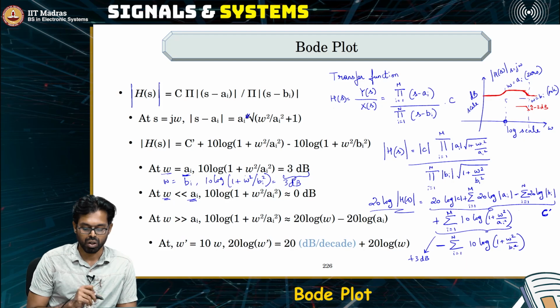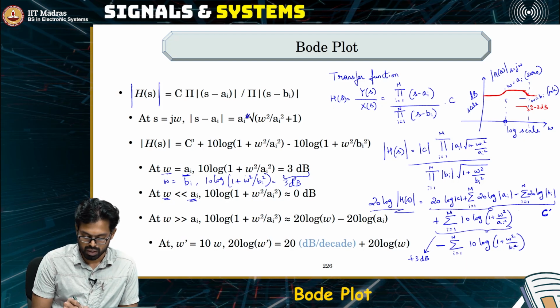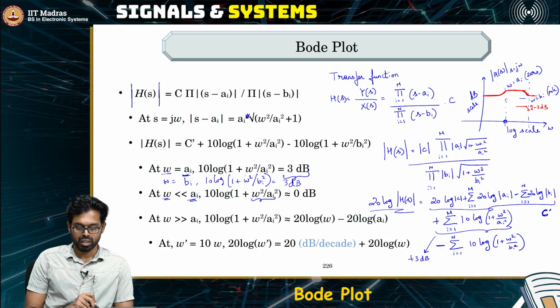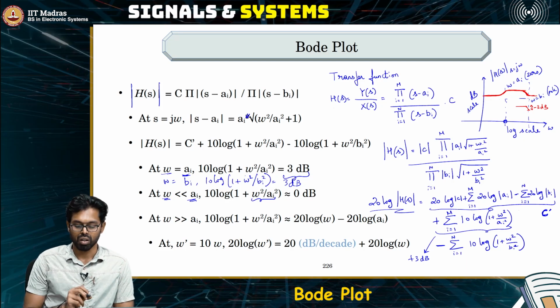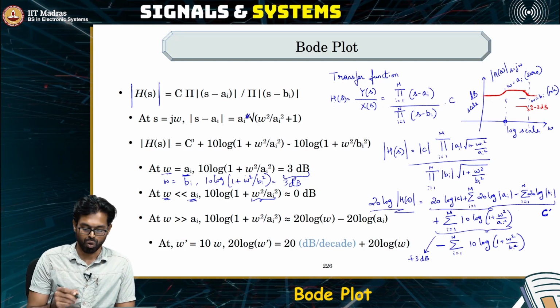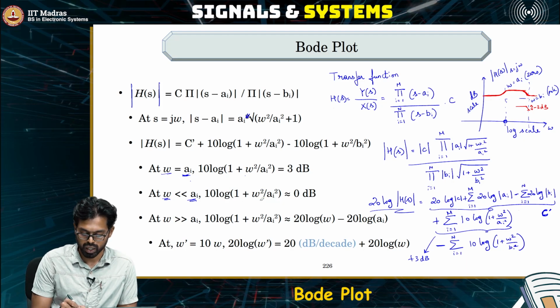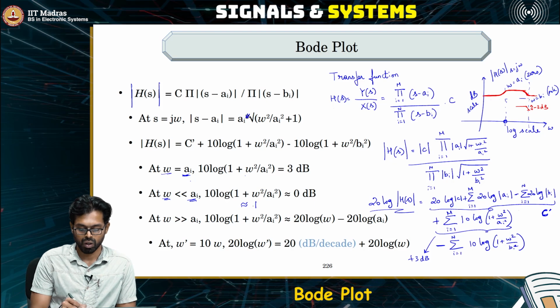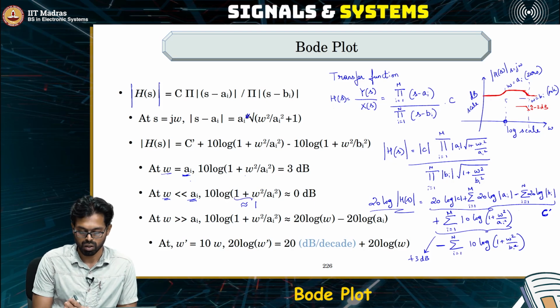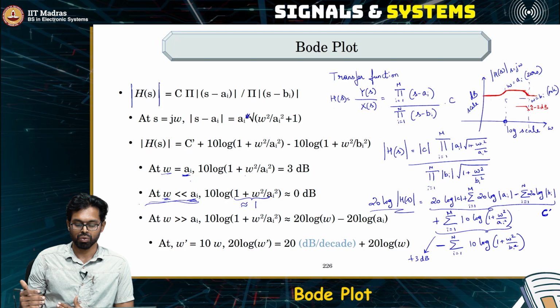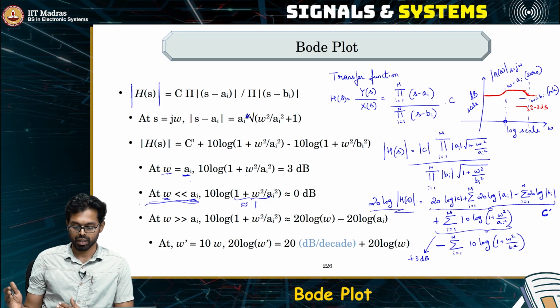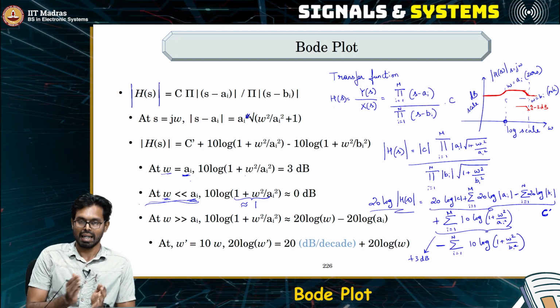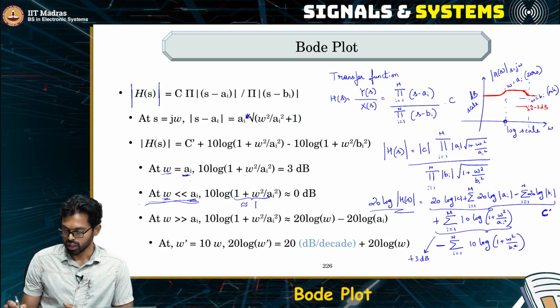If it is much smaller, then this ratio is really small. Compared to 1, this ratio is very small. We can say that 1 plus omega square by a square is approximately equal to just 1, but log of 1 is 0.